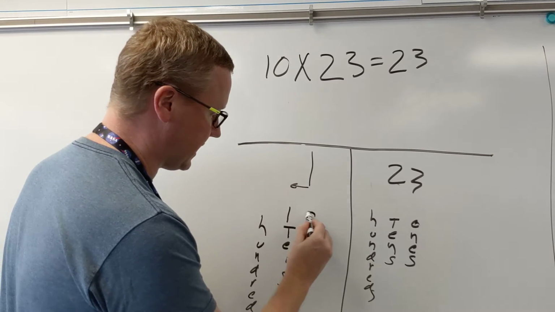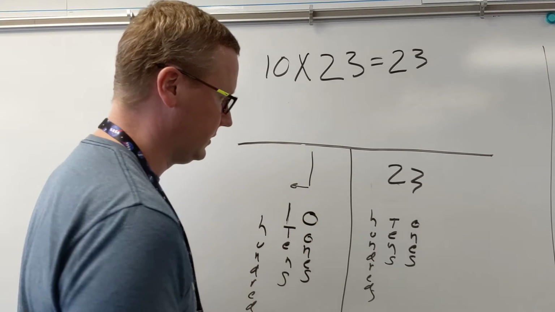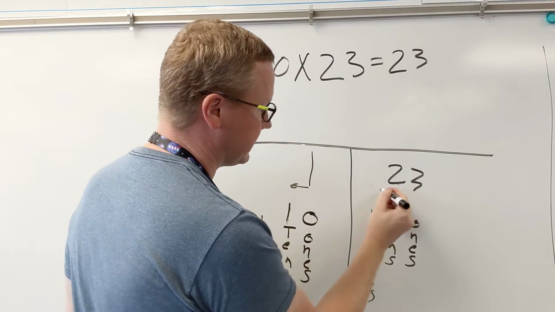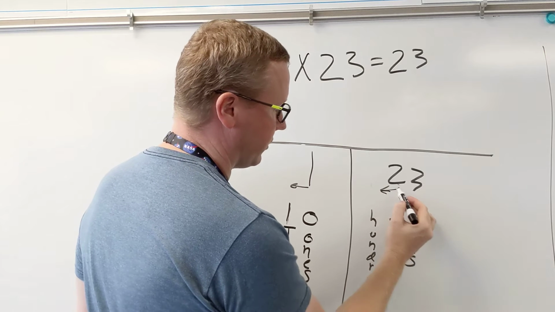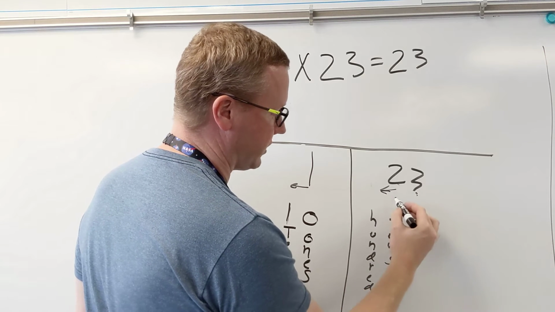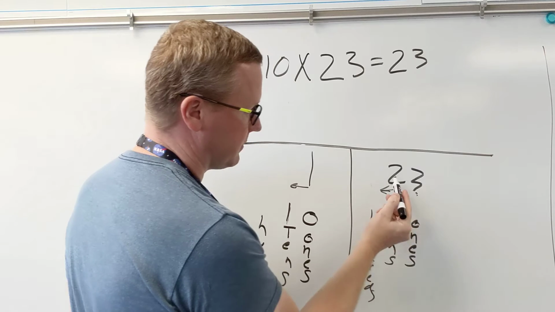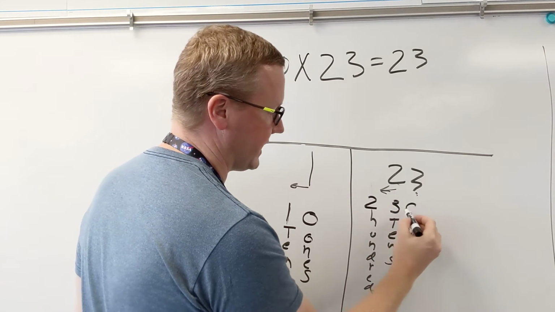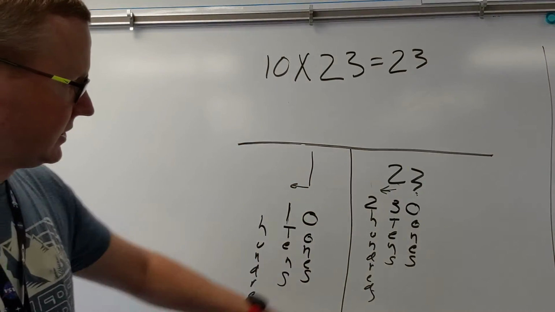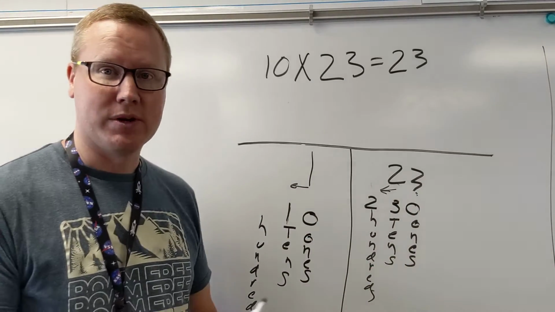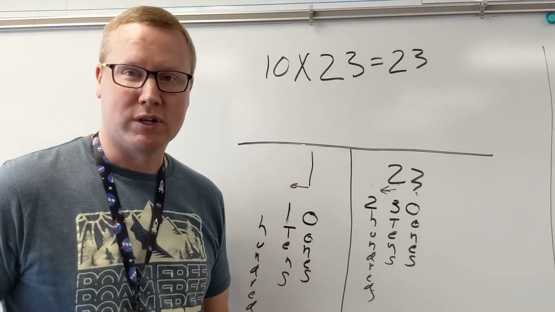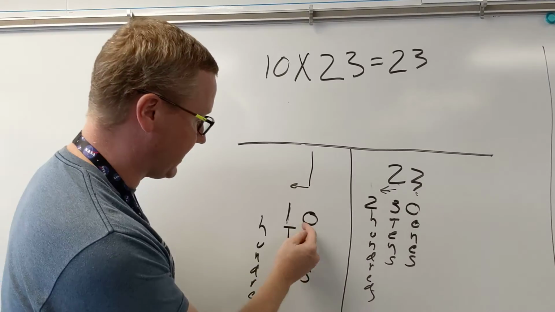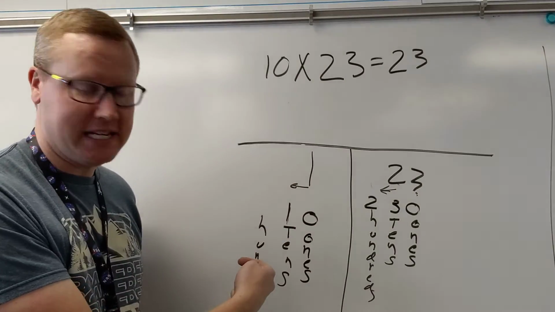And we have to fill in this number, so we add my 0. Same thing over here. When I multiply by 10, it gets scooted over. So my 3 that was in the 1 spot now goes to my 10 spot. My 2 that was in the 10 spot now goes to my 100s. And I have to fill in that blank with a 0. So that's why when you're multiplying by 10, we'll say it goes up a place value. That's all we're talking about, it literally just moves over a place value.